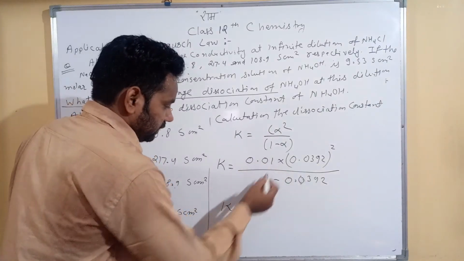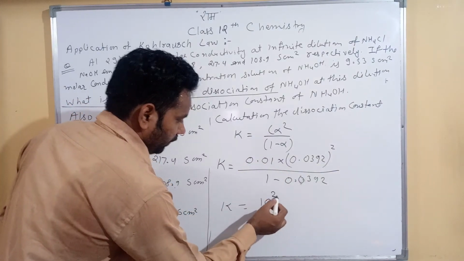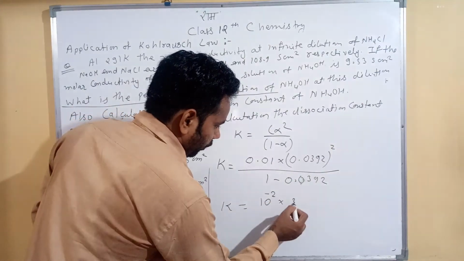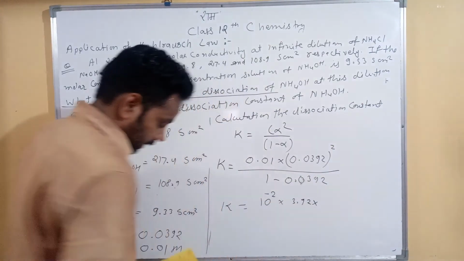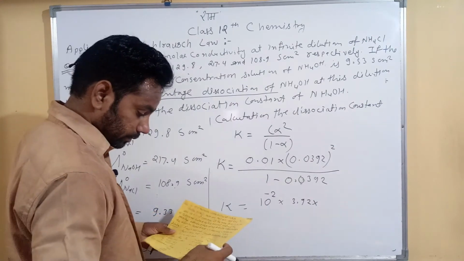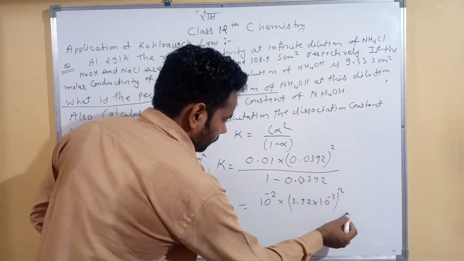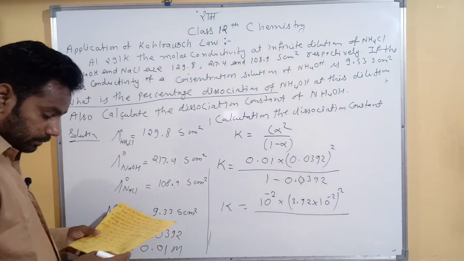First I convert it to scientific notation: 3.92 into 10 to the power minus 2, whole square.